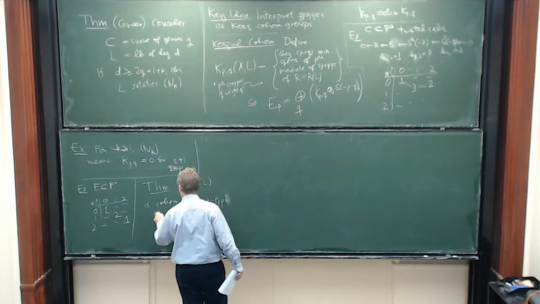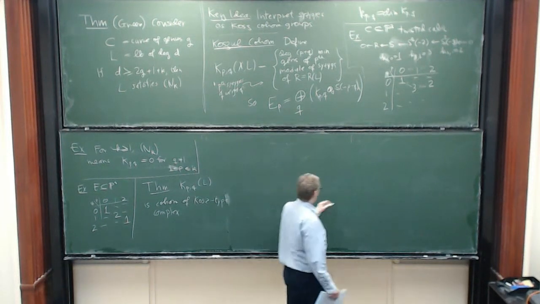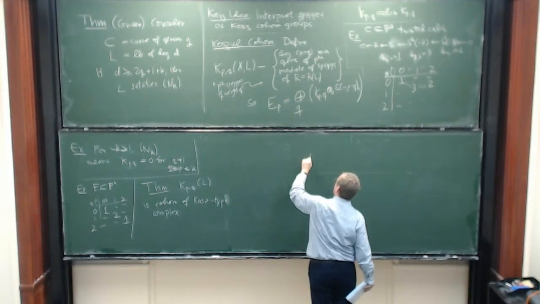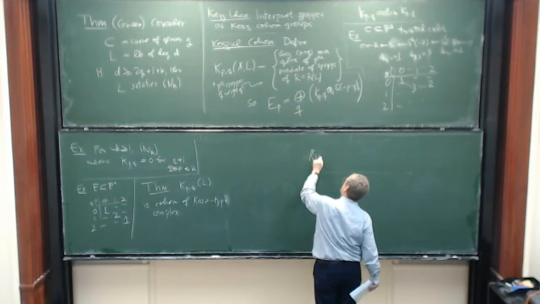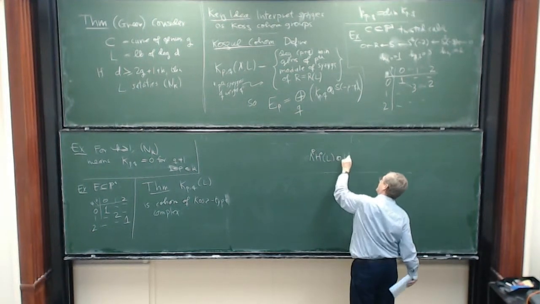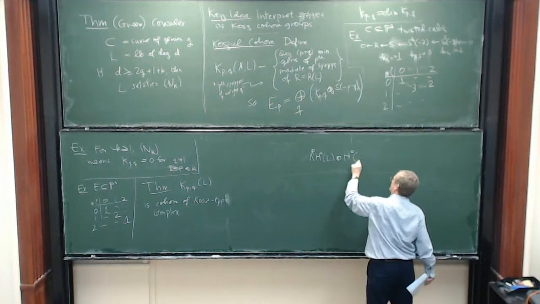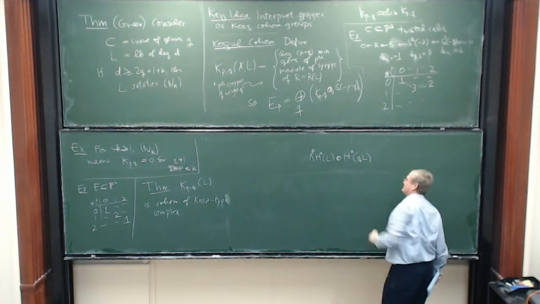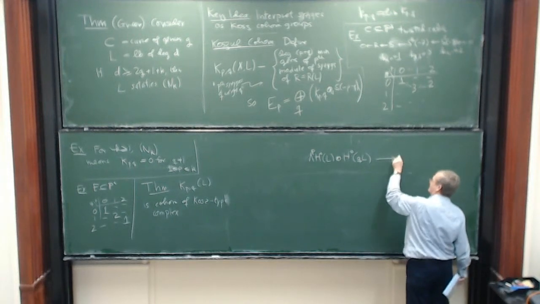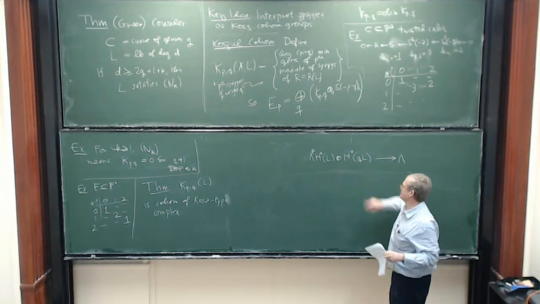So let me write this down. In the middle, it's going to be the cohomology at this spot. So I'm going to take wedge p H^0 of L times H^0 of qL. And then I'm going to write down a Koszul type map. So I'm going to peel off one of the wedge terms and throw it in here by multiplying.